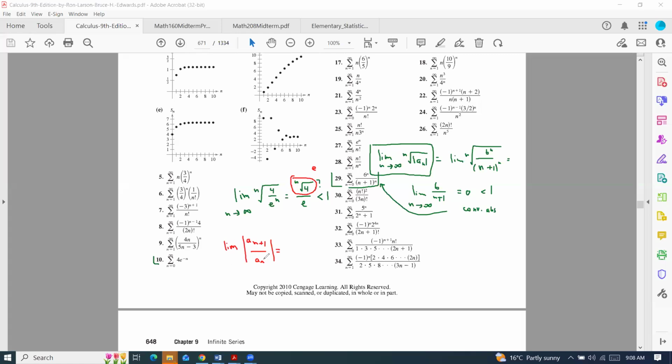So if I take the limit of 4 over e to the power of n plus 1, and divide this by 4 over e to the power of n, definitely I'll be able to simplify these a little bit, right? So when n approaches infinity is what I care about.